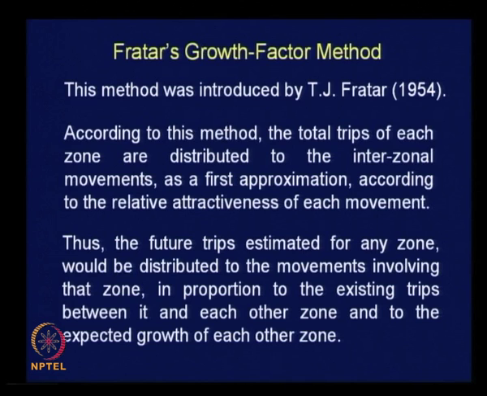That will be known to us, because we will know how the trips are being distributed in the base year from one zone to all other zones. So, that is what is stated here, and to the expected growth of each other zone. Maybe we can just give the same information in a mathematical form which can be understood easily.